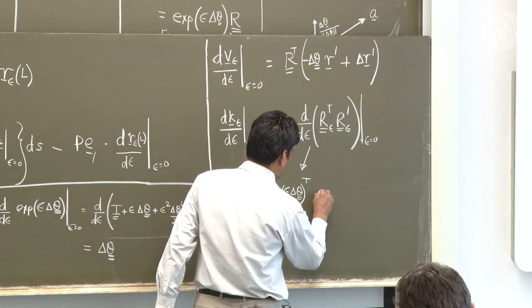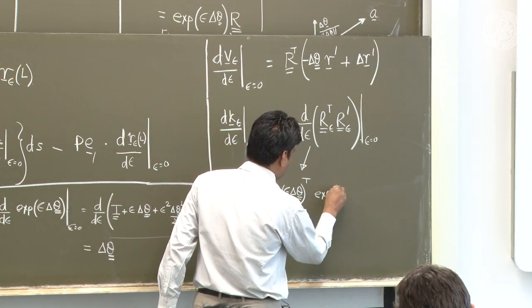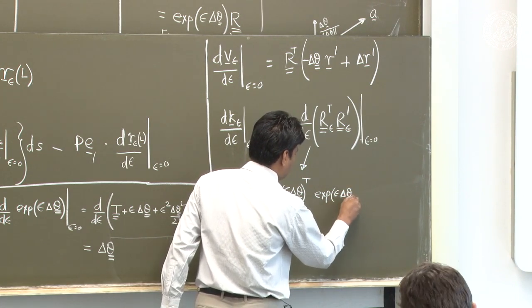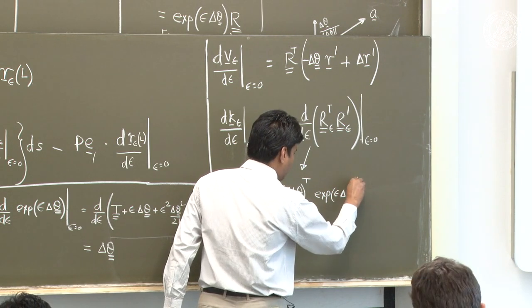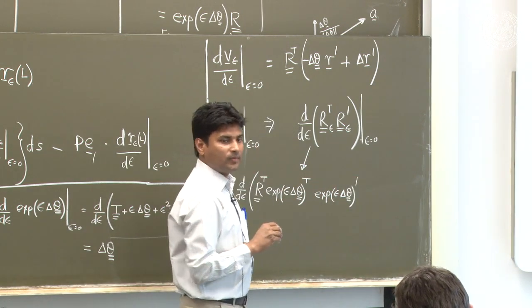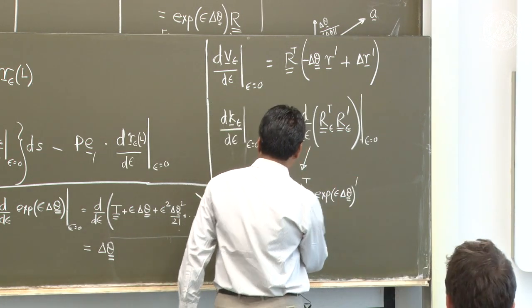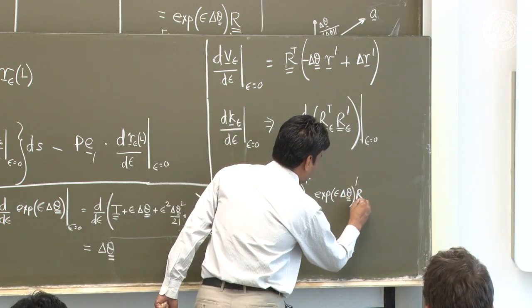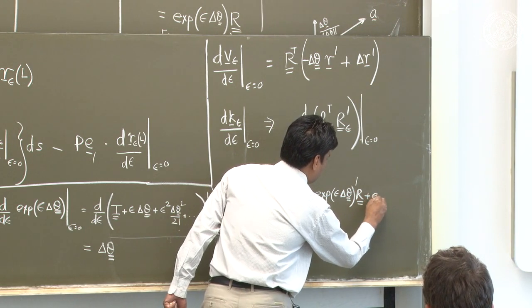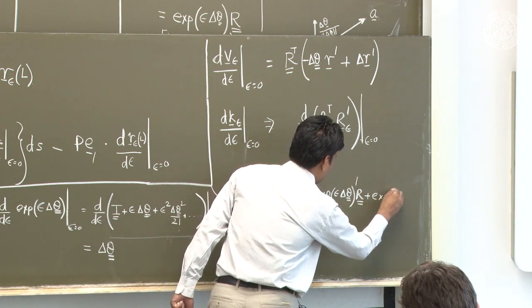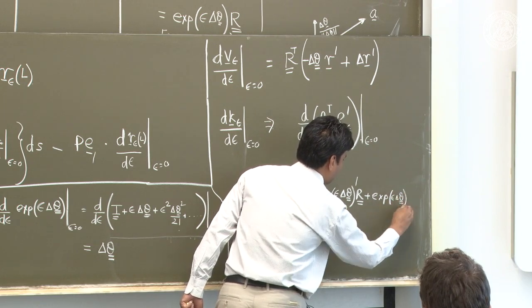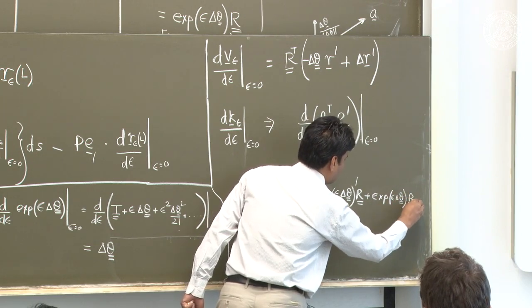So that's exponential of epsilon delta theta prime, so into big R, plus exponential of epsilon delta theta times big R prime.